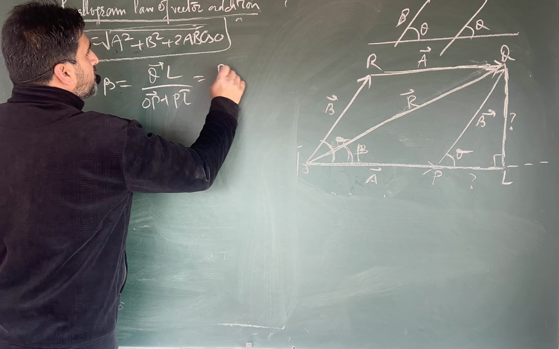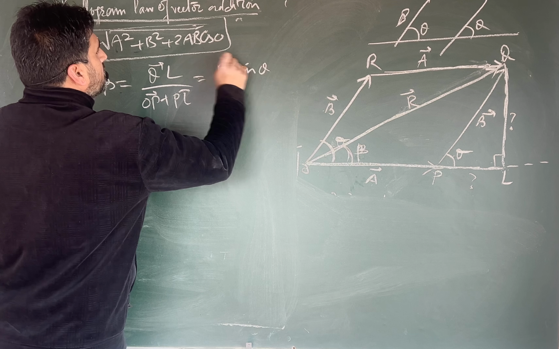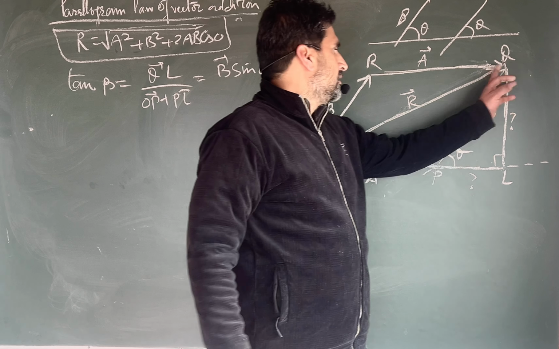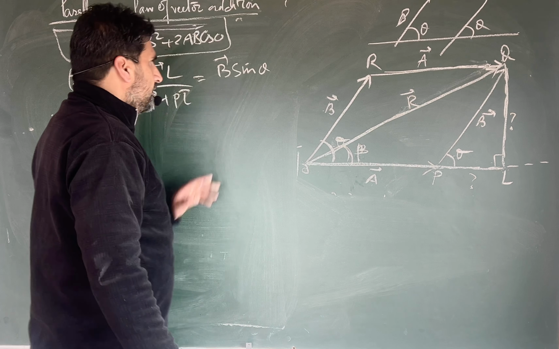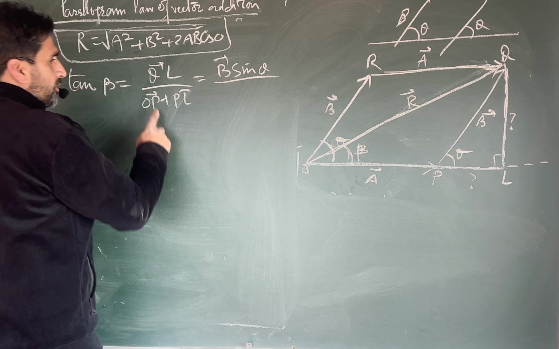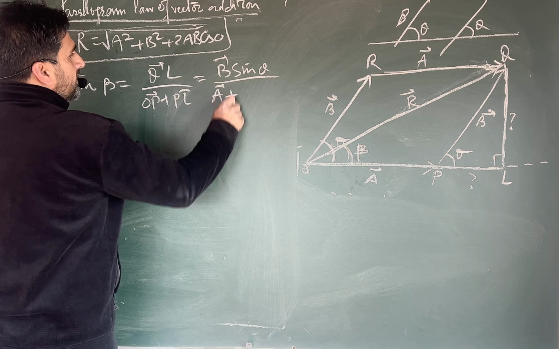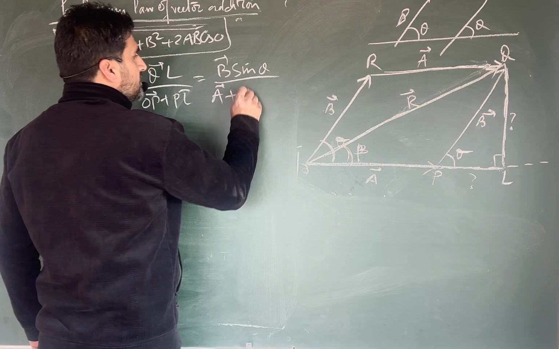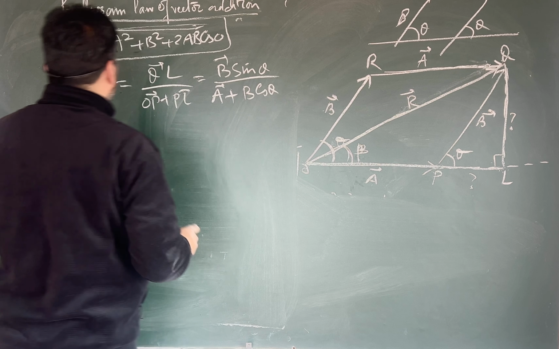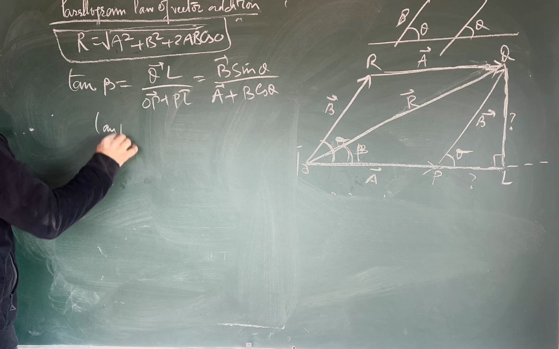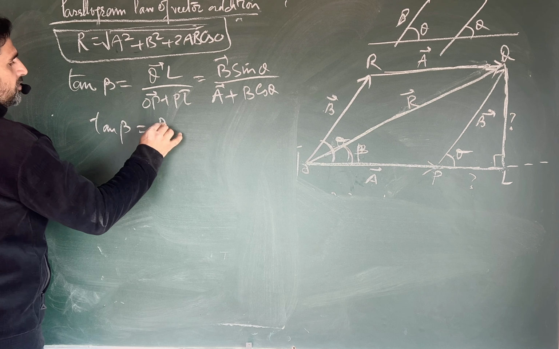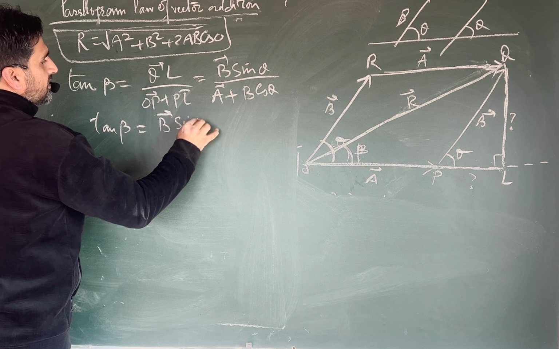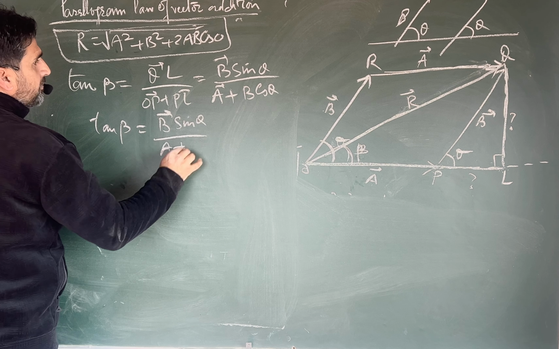This QL is equal to B sin theta, as already calculated from this triangle. OP is equal to A, and this PL is B cos theta. So your formula for direction is tan beta is equal to B sin theta divided by A plus B cos theta.